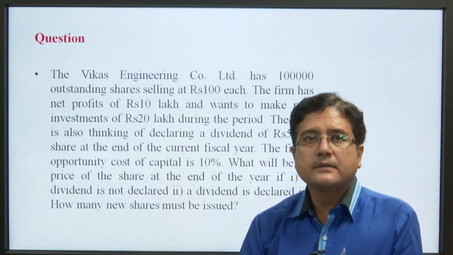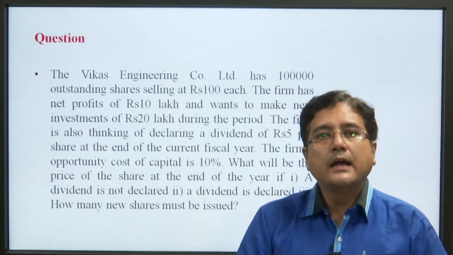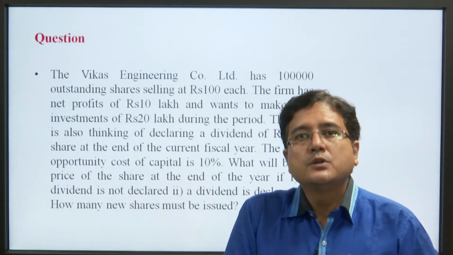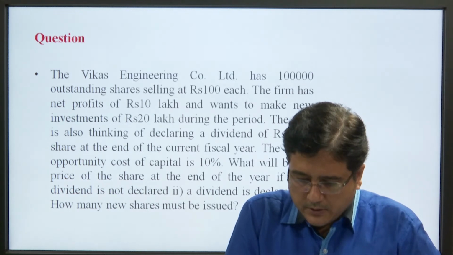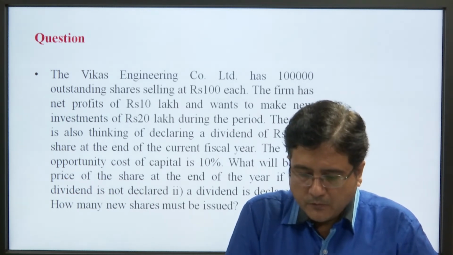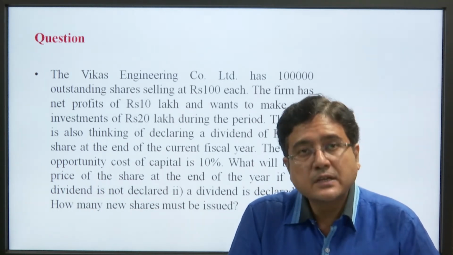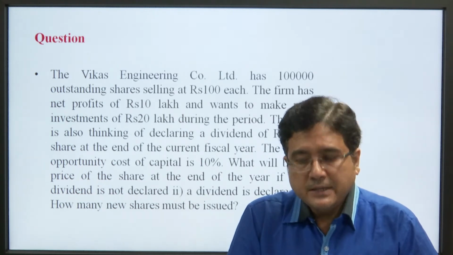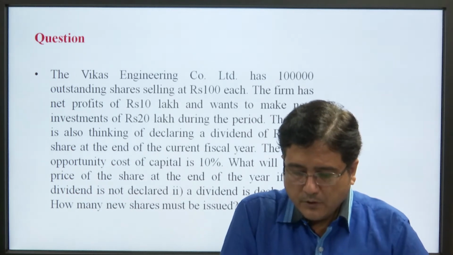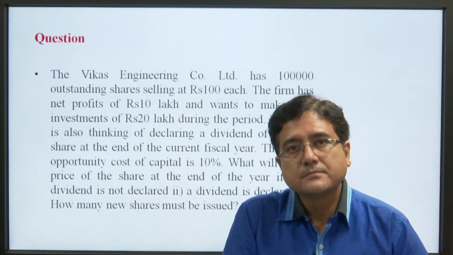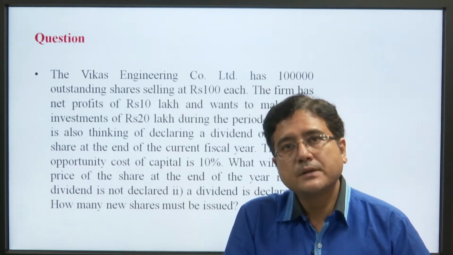The firm's net profit is 10 lakh and it wants to make a new investment of 20 lakh during the period. Similarly, the firm wants to pay a dividend of rupees 5 per share at the end of the fiscal year. The company's opportunity cost of capital is 10%. What will be the price of the share at the end of the period?